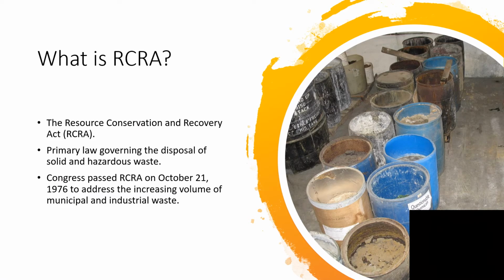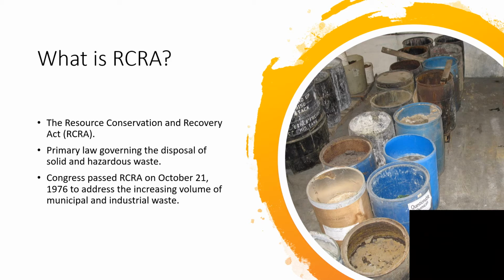What governs this hazardous waste? In 1965, Congress passed the Solid Waste Disposal Act. This was the first federal law that required safeguards and encouraged environmentally sound methods for disposal of hazardous, municipal, commercial, and industrial wastes.